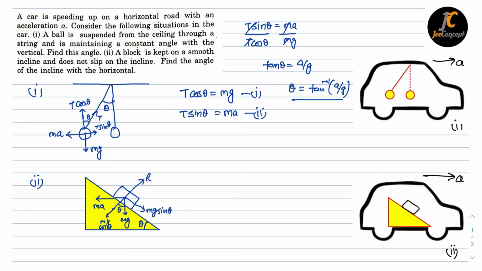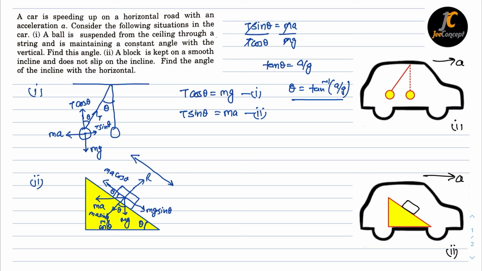In the same way, the ma force will also be resolved, and in this case, this angle is going to be theta. So this is going to be ma cos theta, and here it is going to be ma sin theta, right? Since the box is in equilibrium or stays at the same position, the forces along the incline are balanced.